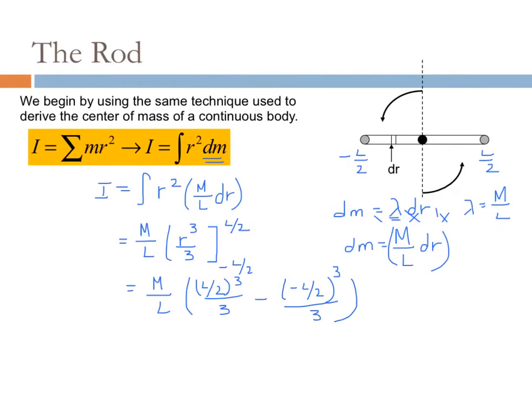And to make our calculations a little bit simpler, I can actually factor out that 3 from both of the fractions. So the top part here becomes L cubed. The bottom part becomes 8.